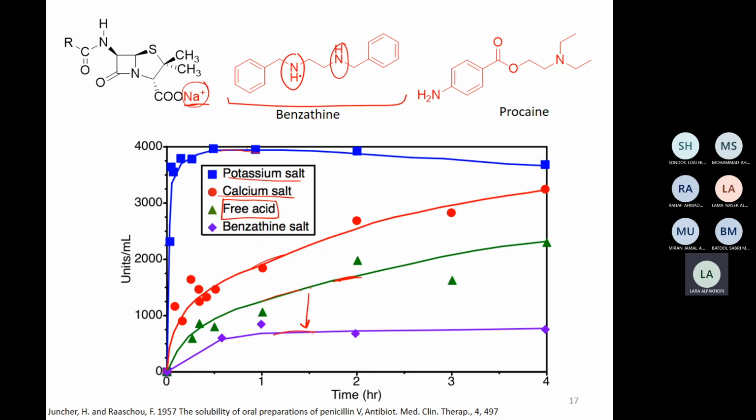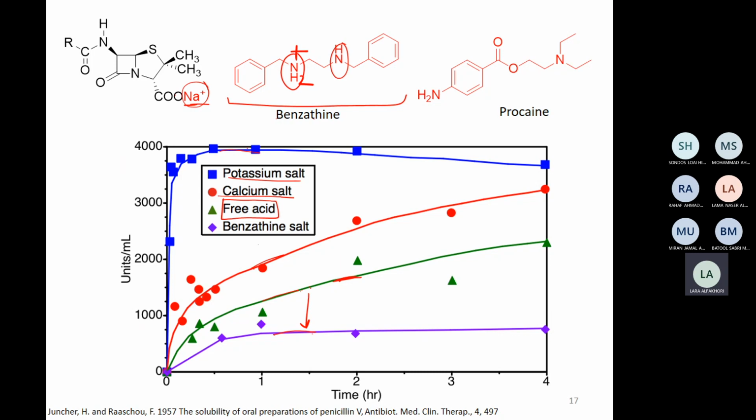It will become protonated with a positive charge, where it will now form an ionic interaction with the carboxylate. البنزاثين, since it has two basic units, معناها each of those molecules can form salts with two molecules of the carboxylic acid or of the free acid.